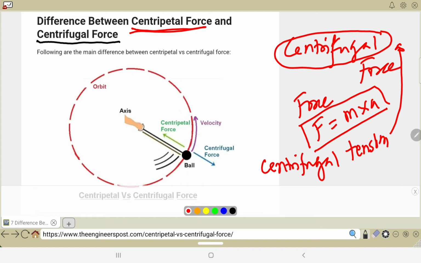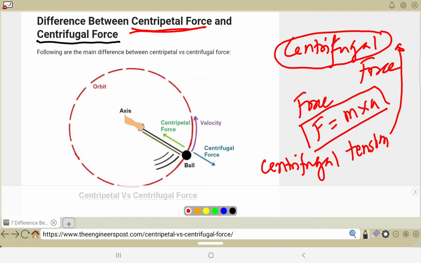As we know, in belt drives there are two types of tensions, the tight side tension and the slack side tension. But because of centrifugal tension, centrifugal force is created, and this centrifugal force is to be determined along with centrifugal tension in the analysis of the belt drives.